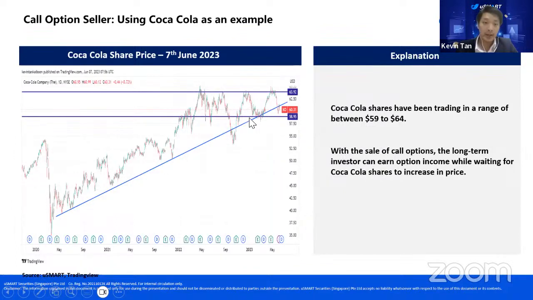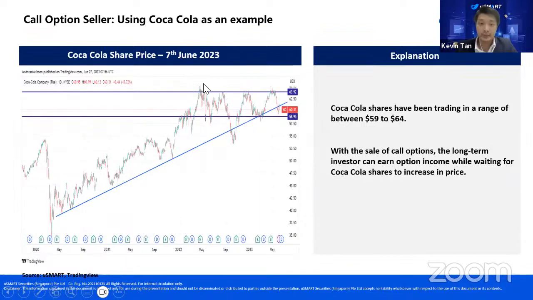But what if I tell you that you could potentially own Coca-Cola shares during this period, and during these few months of sideways market, you can actually generate option income, a consistent stream of option income for the next few months, right?